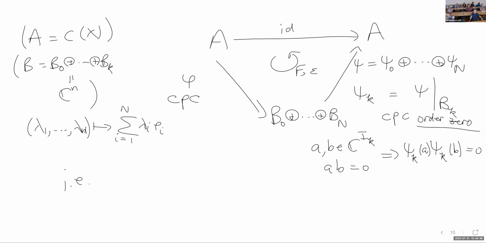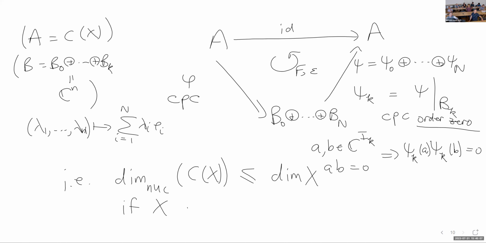That's true. So what I'm showing is that the nuclear dimension of C(X) is at most the dimension of X, if X is compact metrizable. But the definition makes sense even in the non-separable case.